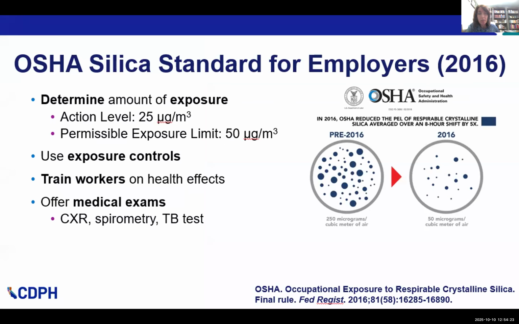The rule also introduced requirements for exposure monitoring, for using particular exposure controls, for training workers, and medical exam requirements, including chest X-ray, spirometry, a lung function test, and testing for tuberculosis at baseline.